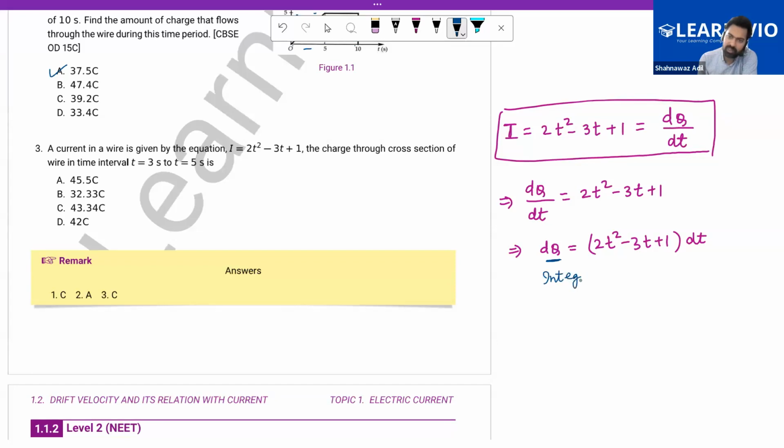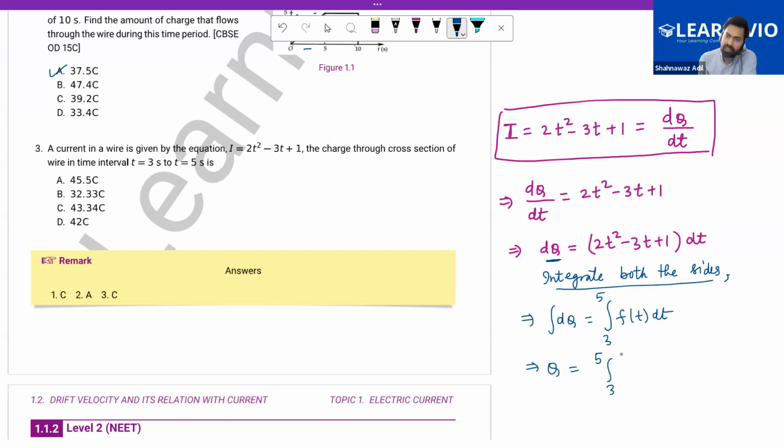I will use the idea of integration. This would be the integration of dq and this whole thing as f(t) dt. They have also told us the time interval, so the lower limit is 3 and the upper limit is 5. This integration would give you q, from 3 to 5.